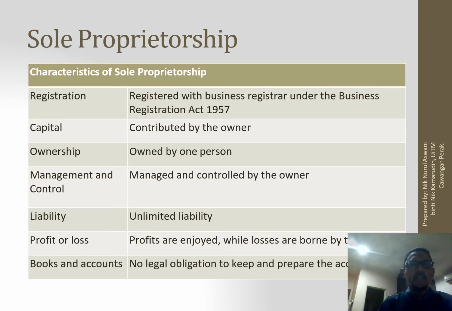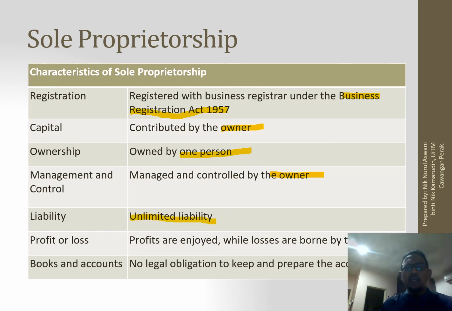Okay, sole proprietorship, in terms of registration, is under the Business Registration Act 1957. Capital is contributed by the owner, only one owner, owned by one person. Managed and controlled by the owner. Here there is unlimited liability.